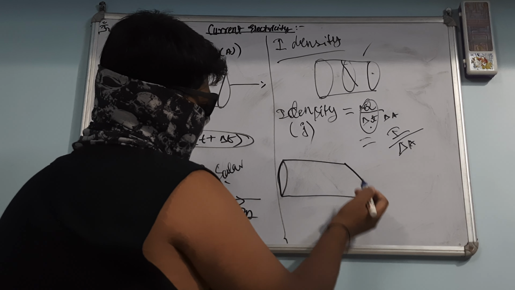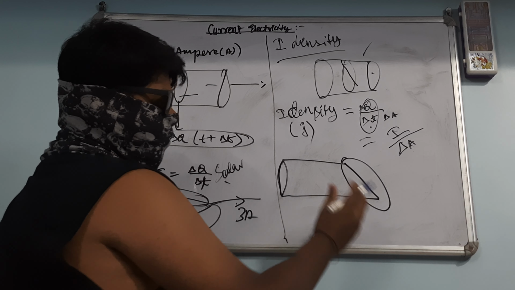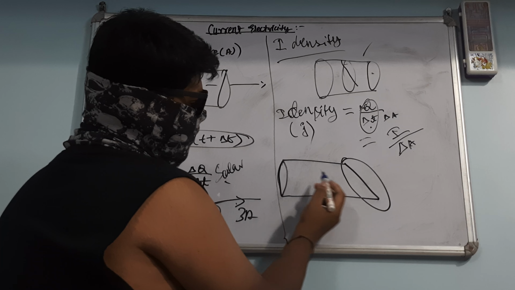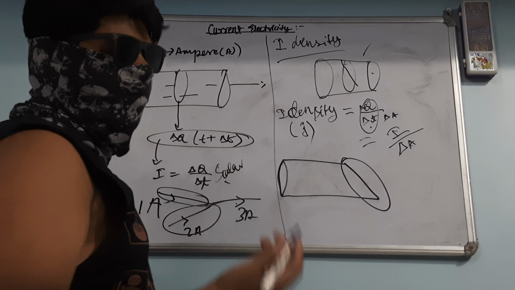The amount of current flowing through this area, we have to find through this area. The amount of charge flowing through this cross section will be the same as through this one. We can understand this with the example of flowing water.